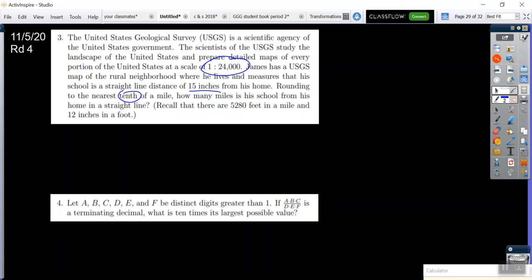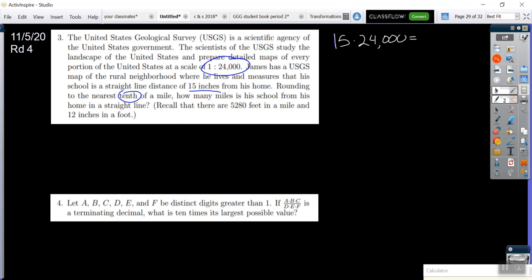All right. Well, let's first figure out how many inches he lives from school. So if we're at 15 inches, and each inch is equal to 24,000 inches in real life, we need to multiply them together.